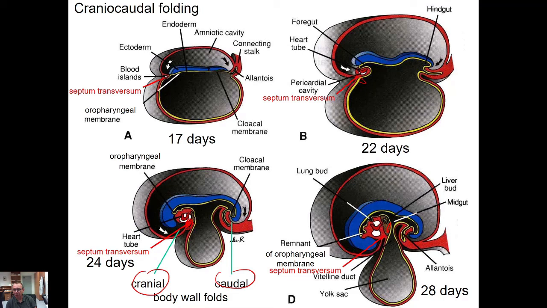So after folding, that means at the end of the 4th week, we have the intraembryonic coelom separated from the extraembryonic coelom, but it is still one tubular space, one horseshoe-shaped and curved tubular space.